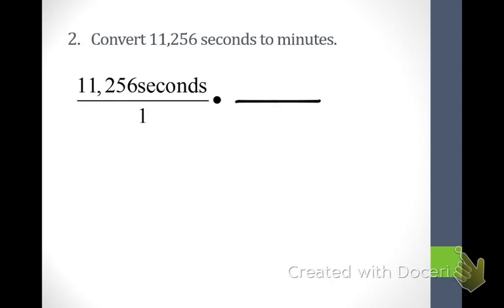Dylan? In the denominator, yes. Not bottom, there's no bottom. In the denominator. Okay, good. That means the minutes have to go where? The top. No. What's it called? Numerator, yes.